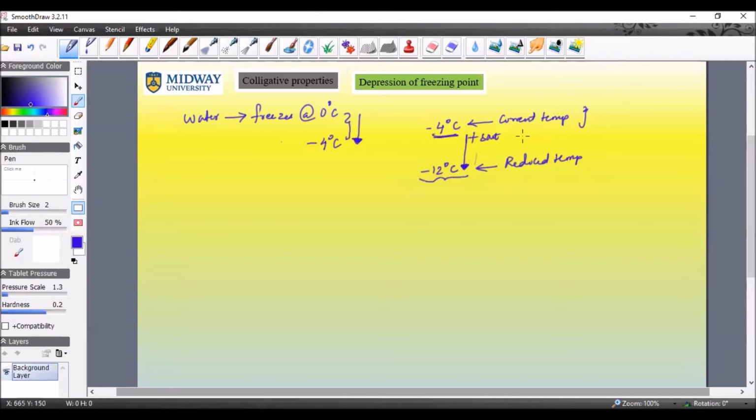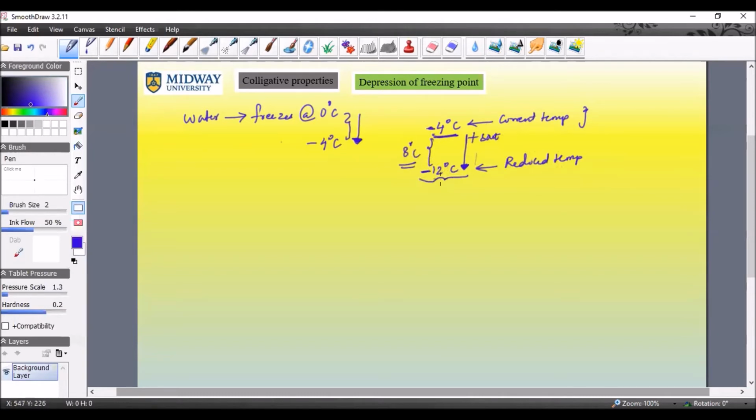Which means unless the temperature of the road or highway falls to -12, the salt should work, because the salt is taking the freezing point from -4 to -12 degrees Celsius. Unless the road temperature falls to -12 or below, it probably won't work, because it can only reduce it 8 degrees, from -4 to -12.